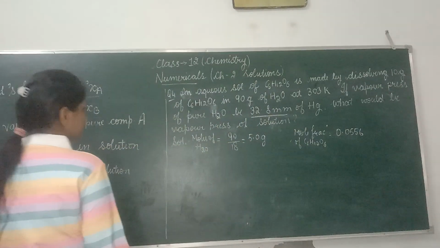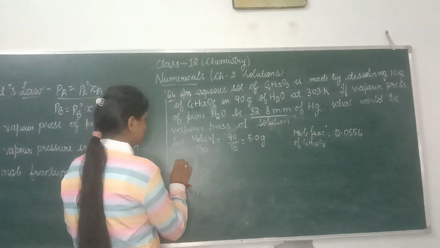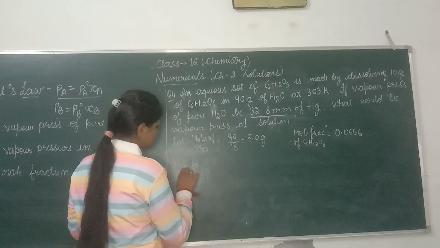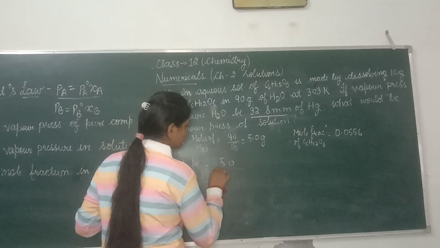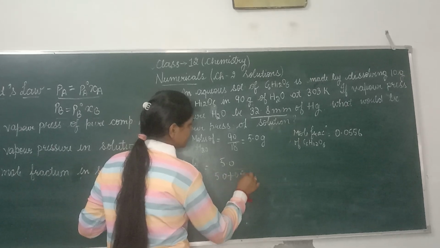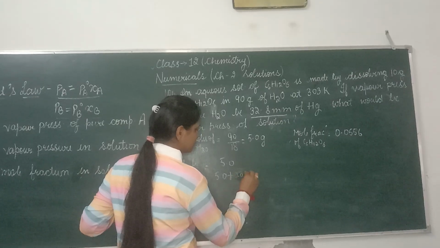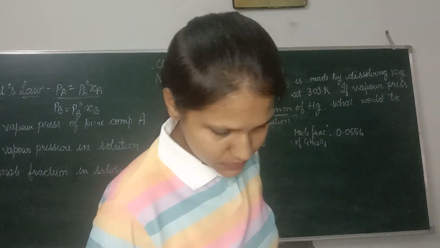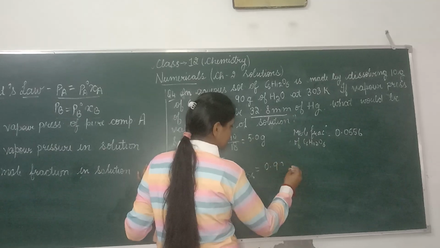Now we have to calculate the mole fraction of water in the solution, which is 5.0 upon 5.0 plus 0.056. By doing all the calculations, it comes out to be 0.989.